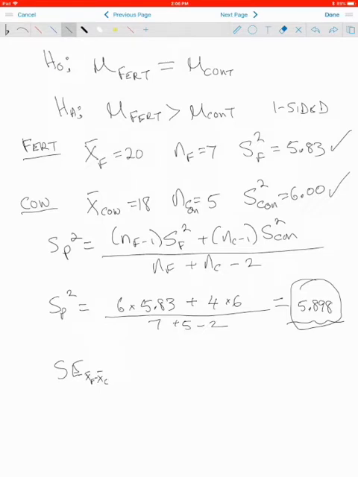So the standard error of the difference in means equals the square root of the variance of the fertilized group, which was 5.83. Oops, sorry. Take that back.